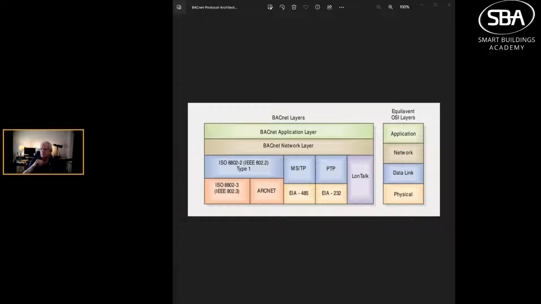Additionally, applications can create FTP connections between one another to transfer data. That's pretty much the BACnet layering. So today we're going to look at MSTP over the RS-485 network. How is it built? What does it do? What does it talk? Before we do that, though, we're going to talk about a few fundamentals that I'd like to share with you.